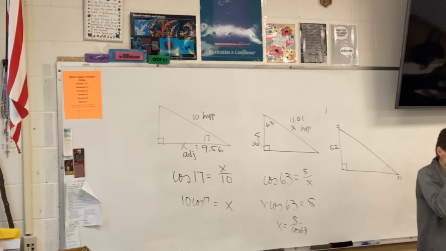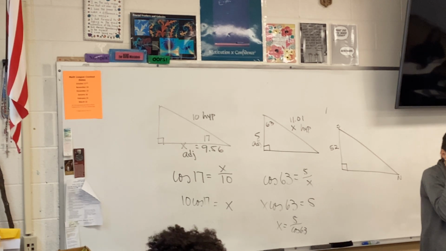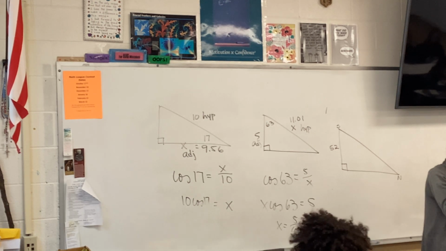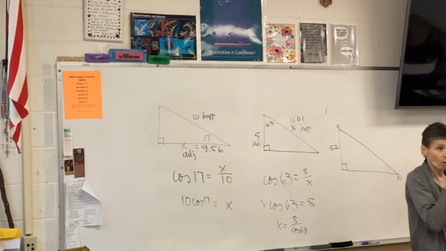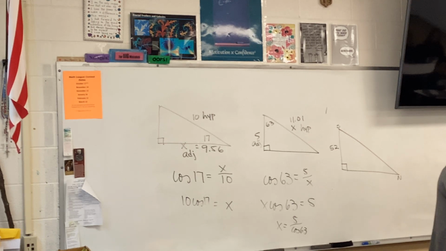All the beady little eyes are focused right up here on me. I'm going to tell you something really, really important. Well, everything I say is important, but this is going to be critical to your success. An angle of elevation or an angle of depression, it doesn't matter which it is. Some problems are going to say the squirrel's looking down at the nut, that's an angle of depression.